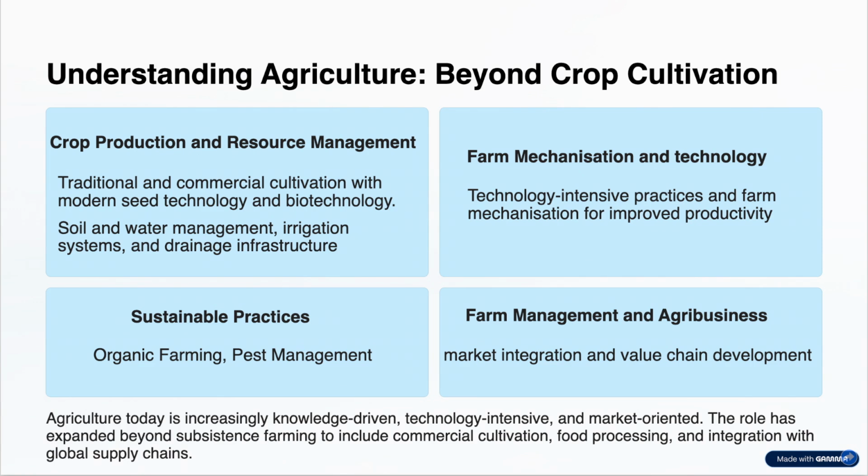So the role of agriculture has expanded beyond subsistence farming to include commercial cultivation, food processing, and integration with market as well as global supply chains. So agriculture today is increasingly knowledge driven, technology intensive and market oriented.